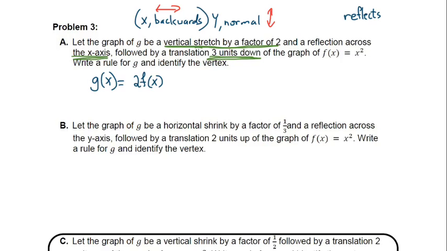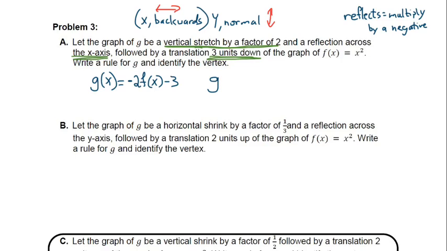Reflect is multiply by a negative, even if that's a negative 1. So we're going to make the 2 negative, that's the reflection, and we're going to go 3 units down. So negative 3.